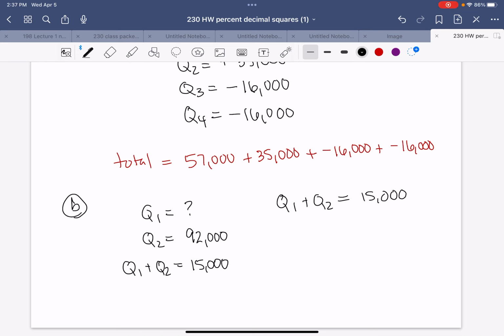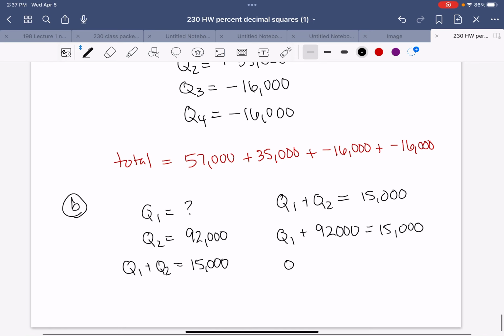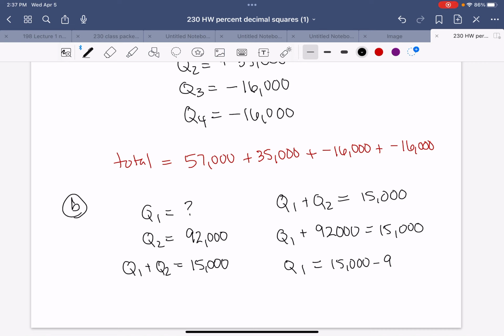And then you have Q2 is 92,000. So Q1 plus 92,000 is 15,000. Let's try that again. So Q1 has to be 15,000 minus 92,000, right? And you're going to get your answer. It's going to turn out to be negative, okay?